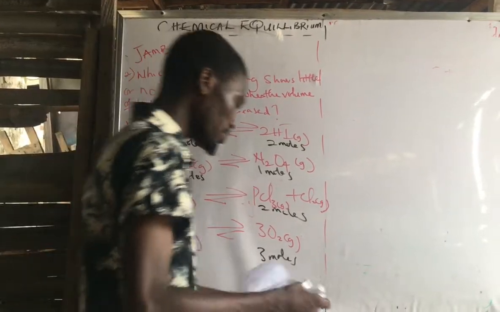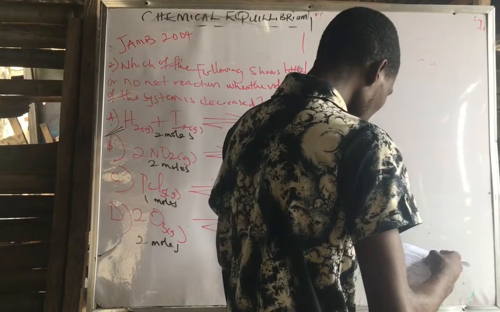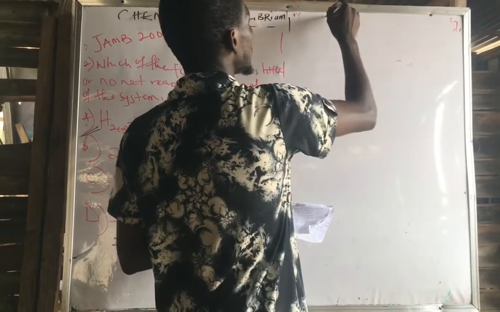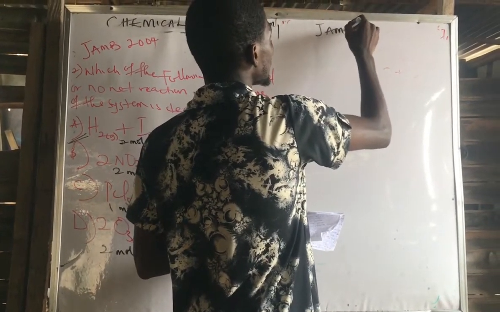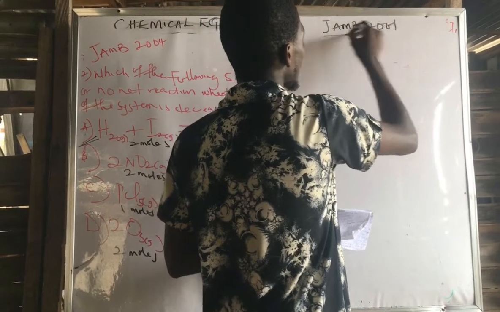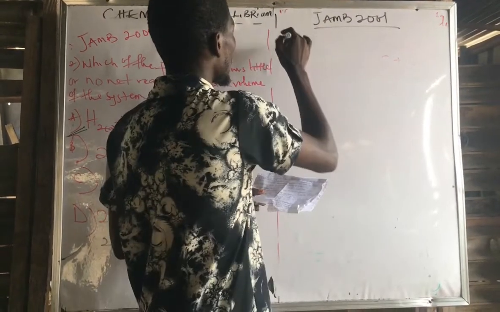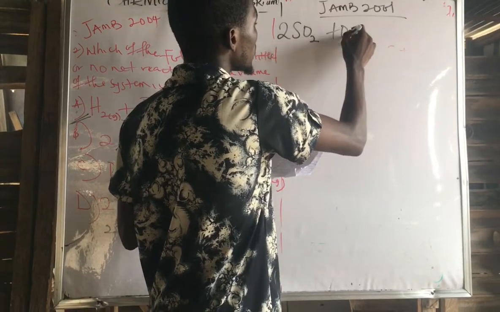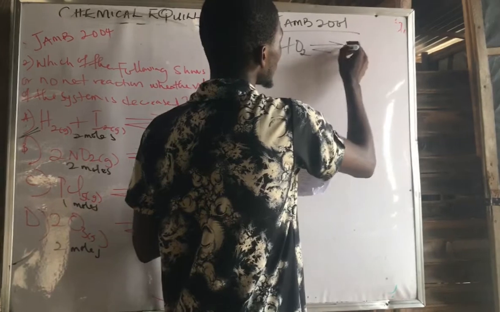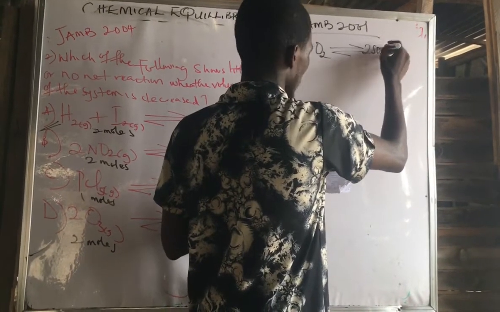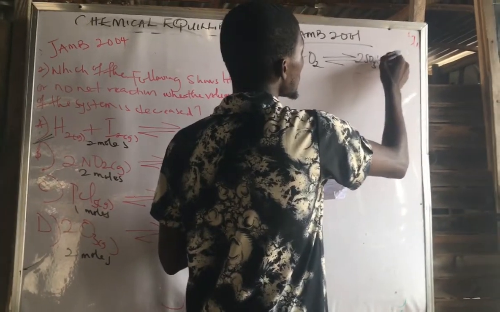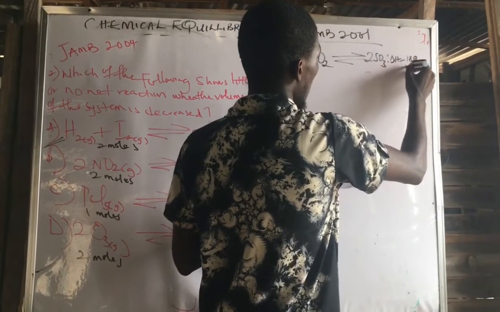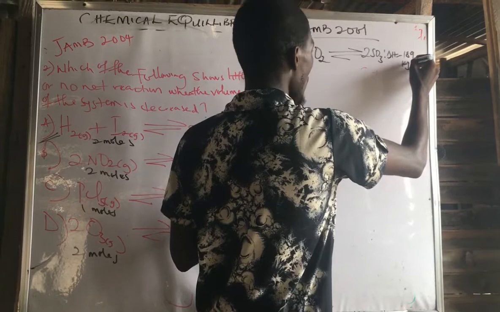So now let's pick another one, number 3. JAMB 2001. We have this, minus 189 kilojoule per mole.